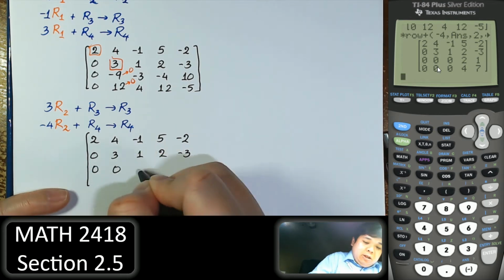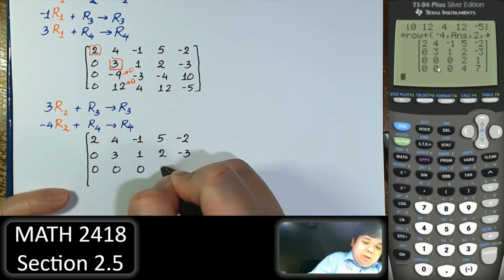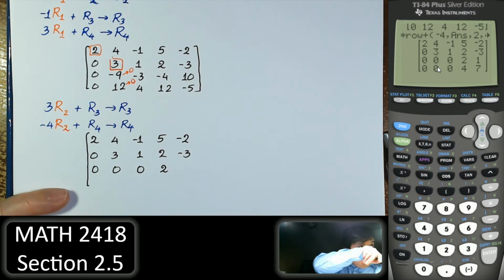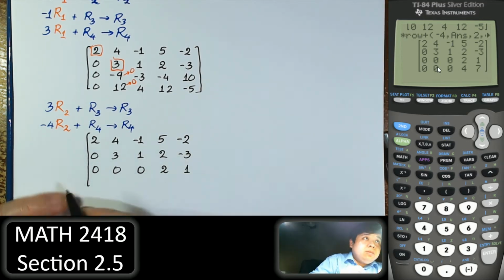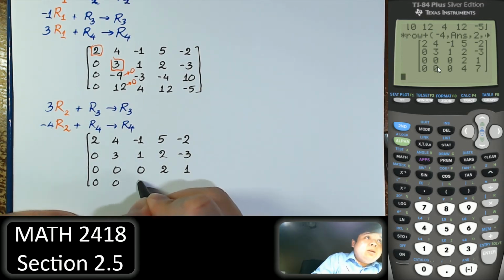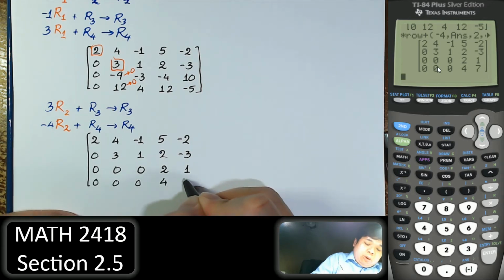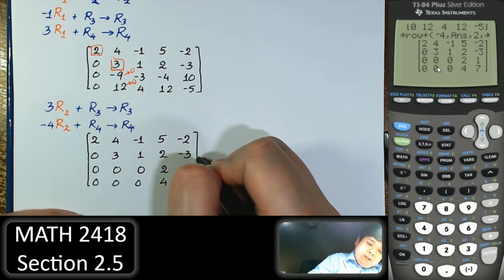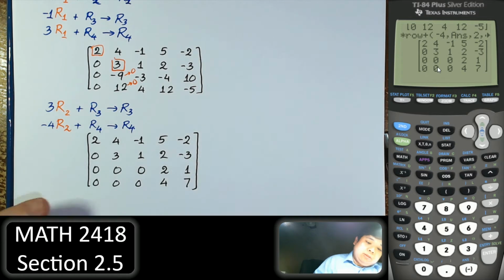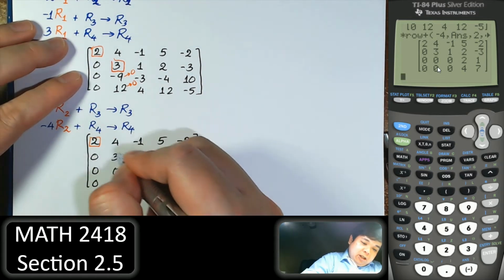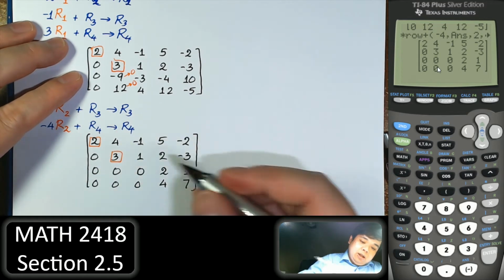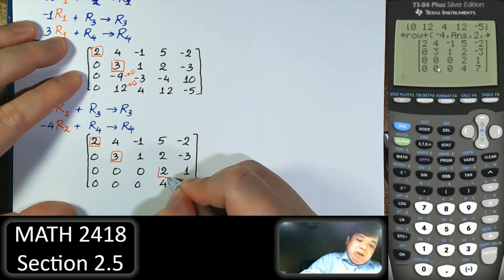Then 0, 0, 0, 2, 1, 0, 0, 0, 4, 7. Right, so I have to pivot here, here, and now this will be the pivot. We just need to turn this to 0.